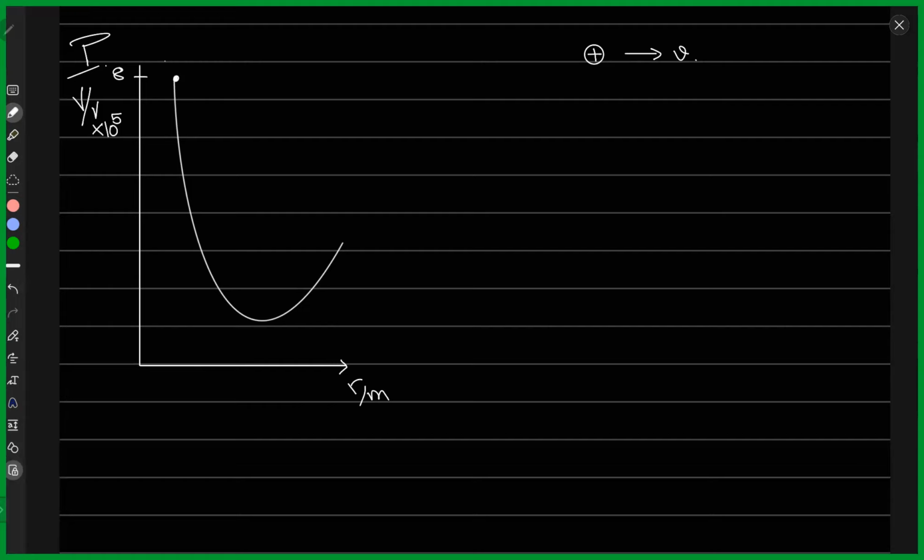That's point A. And at some point B, its potential becomes a minimum value, let's say 1 times 10 raised to power 5 volts. And then the final point is C, and at this point, its potential is about 4 times 10 raised to power 5 volts.